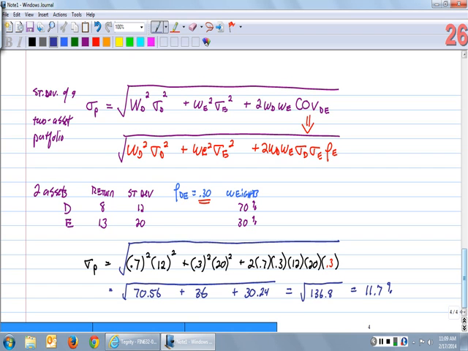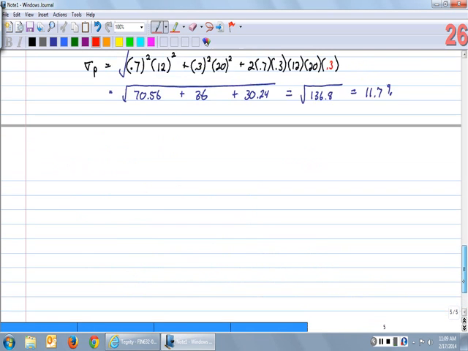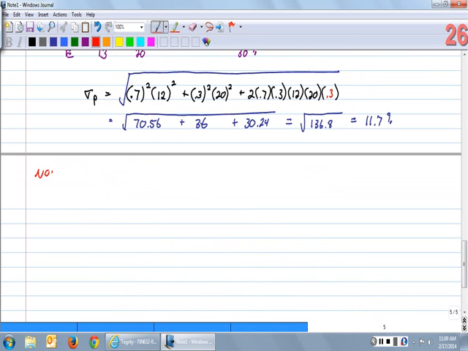And if you'll notice something, the standard deviation of our resulting portfolio, in fact I'm going to write note, the standard deviation of our portfolio, which is equal to 11.7%, is lower than either of the 2 assets.